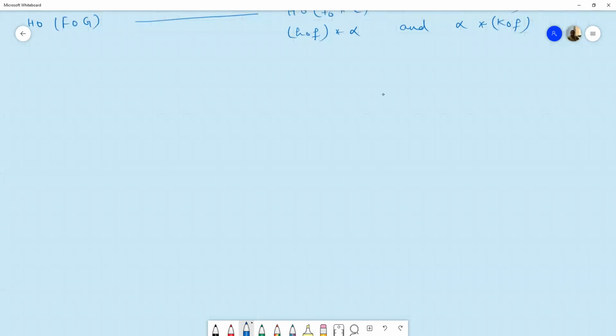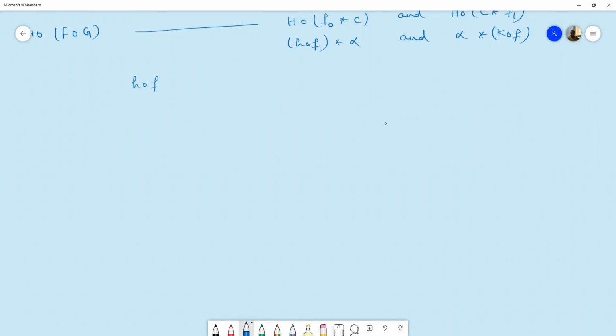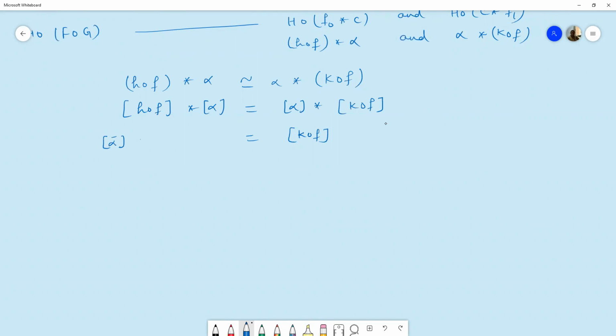So now here we have proved that H circle F star alpha is homotopic to alpha star K circle F, which means the homotopy class of H circle F star alpha is equal to alpha star the homotopy class of K circle F. If we multiply alpha bar on the left hand side of both sides, then alpha bar star alpha becomes identity, and the left hand side becomes alpha bar star H circle F star alpha.